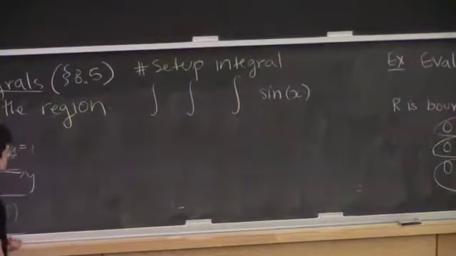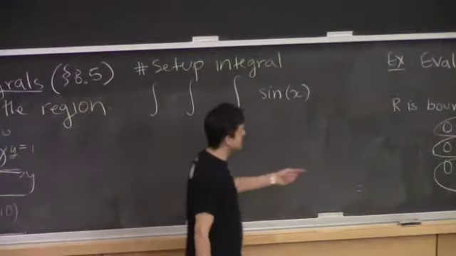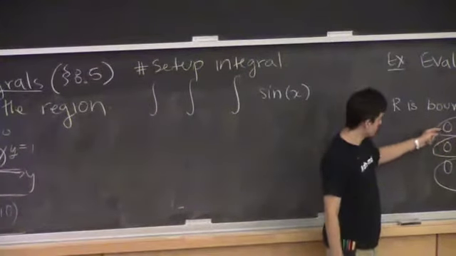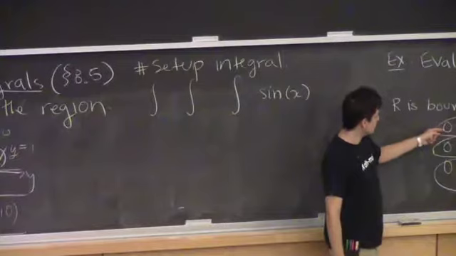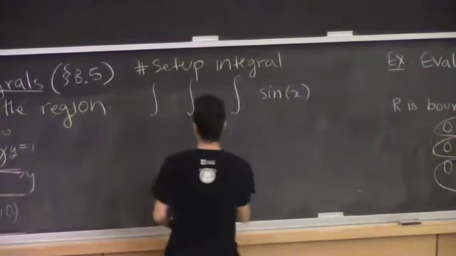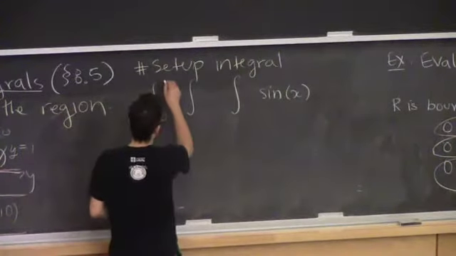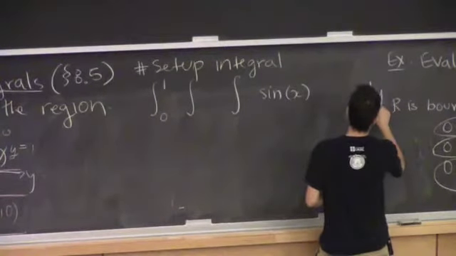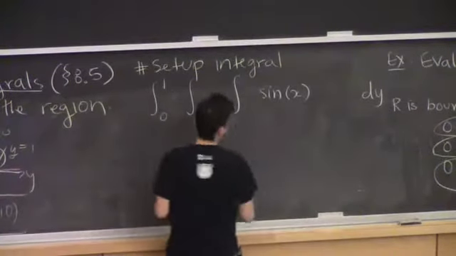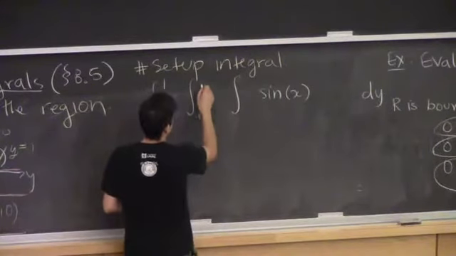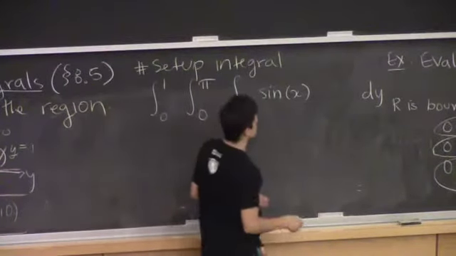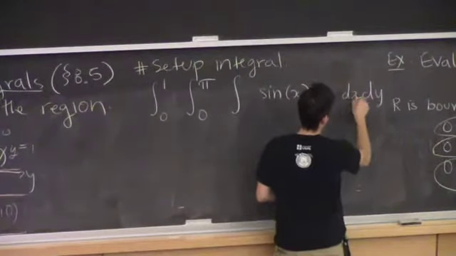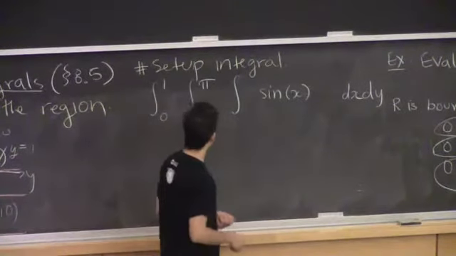Okay, as we have these nice bounds here, these two bounds give us a rectangle of sorts. So let's use those bounds and say that we go from 0 to 1 in dy, 0 to pi in dx.